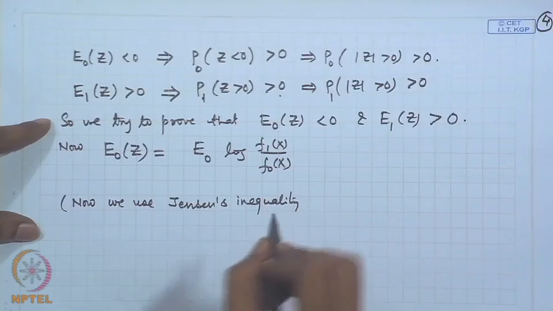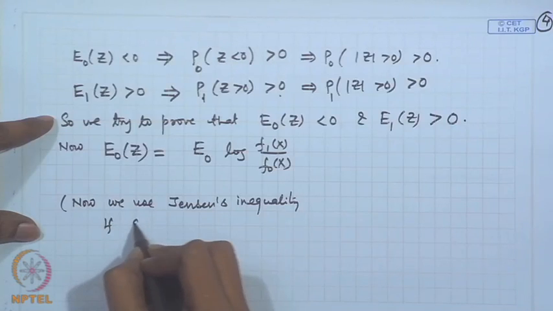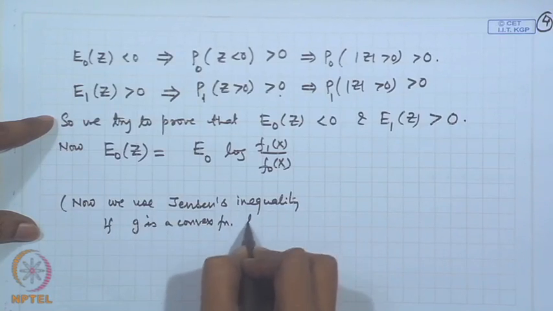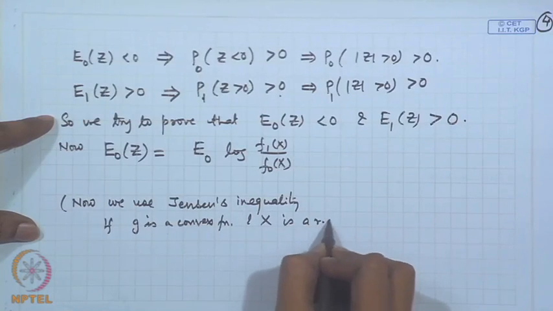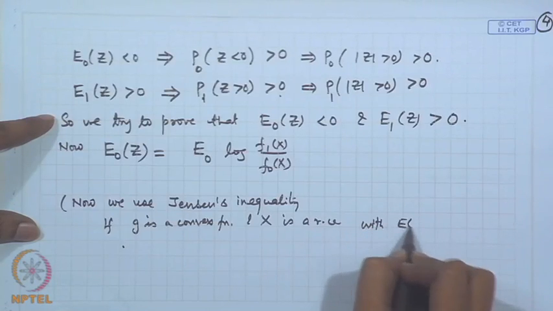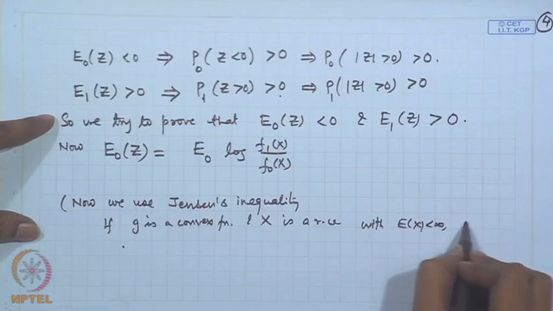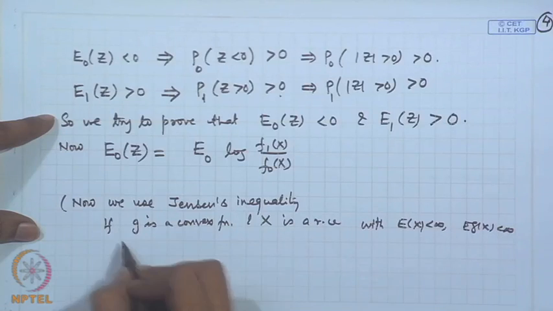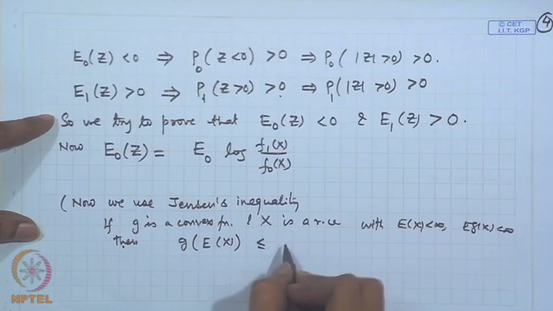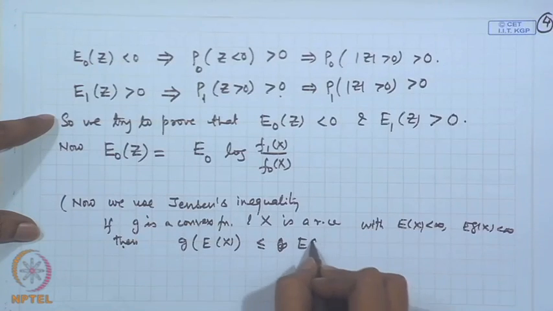What is Jensen's inequality? That is, if g is a convex function and x is a random variable with expectation x finite and expectation of g x finite, then g of expectation x is less than or equal to expectation of g x. Okay.